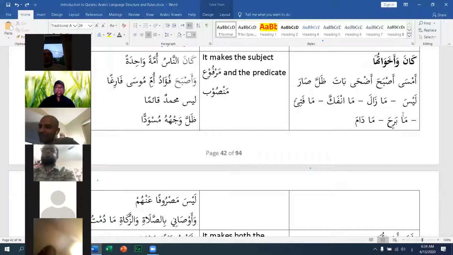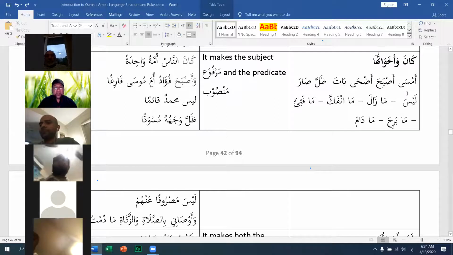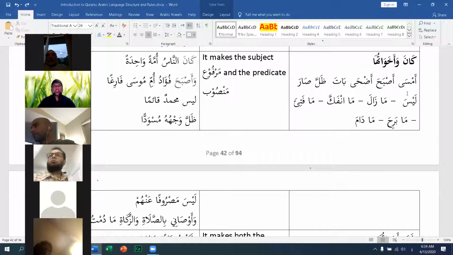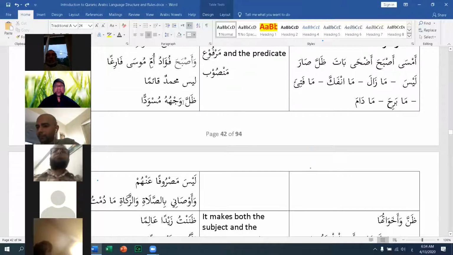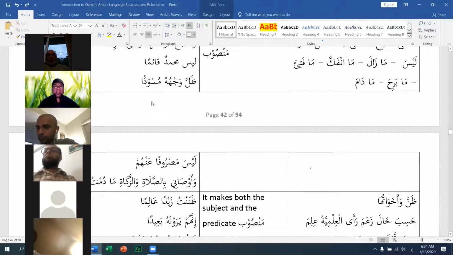You have a Jumla Ismiya and you put any one of these words in front of them, they would make the Mubtada Marfu' and they would make the Khabar Mansub. That's it. When you use them, you'll understand them. I'll give you an example of each of them. ظَلَّ وَجْهُهُ مُسْوَدًّا, his face remains darkened.